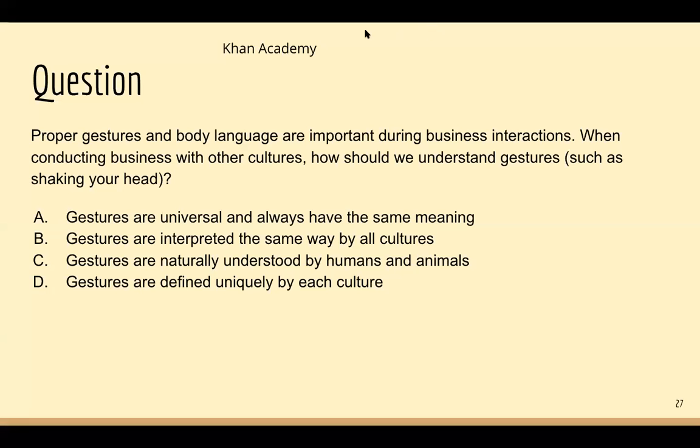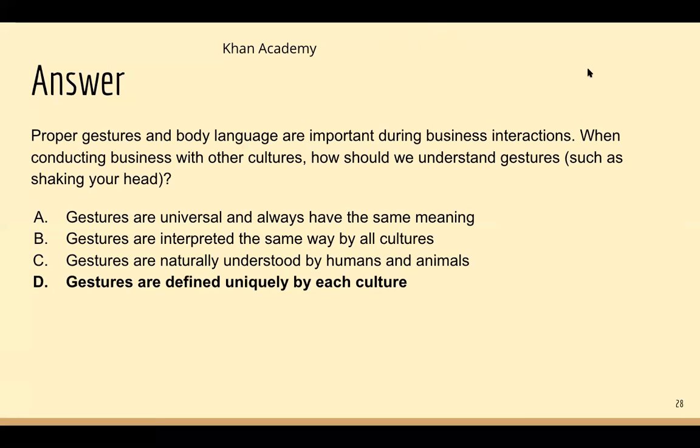I'm going to go ahead and stop it. All right. So yeah, everyone got it right. Not much to explain about it. It's just that culture is relative, and meanings of things are relative from culture to culture.